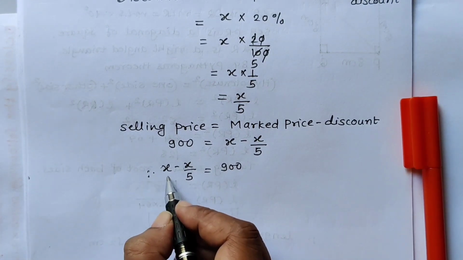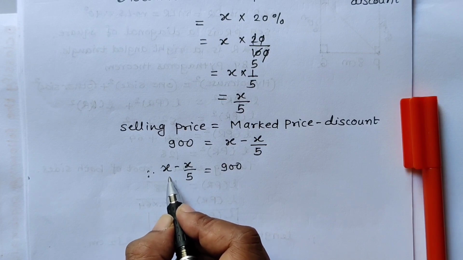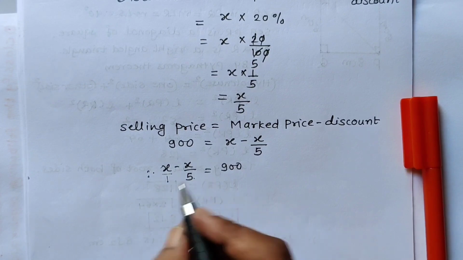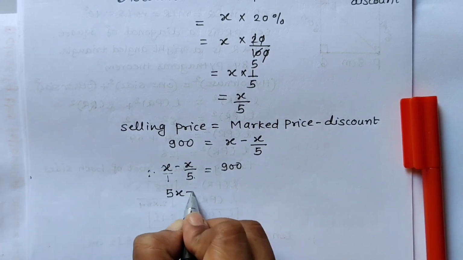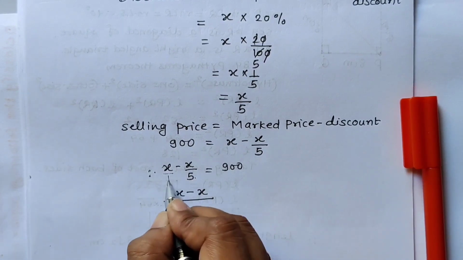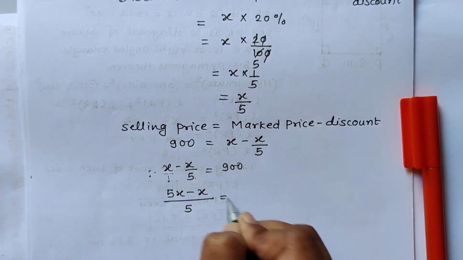Now see, this can be solved by cross multiplication method. There is nothing in the denominator of X, that means 1 is there. So X into 5 is 5X minus X into 1 is 1X upon 5 ones are 5 is equal to 900.